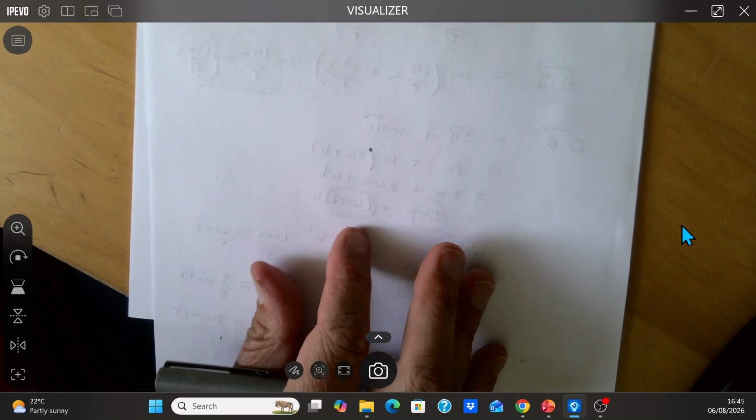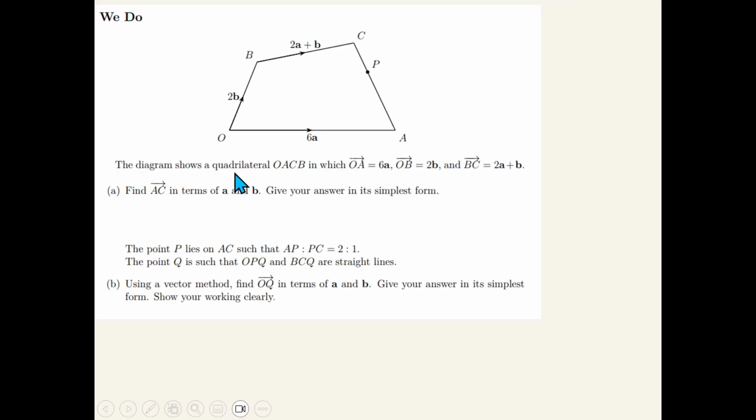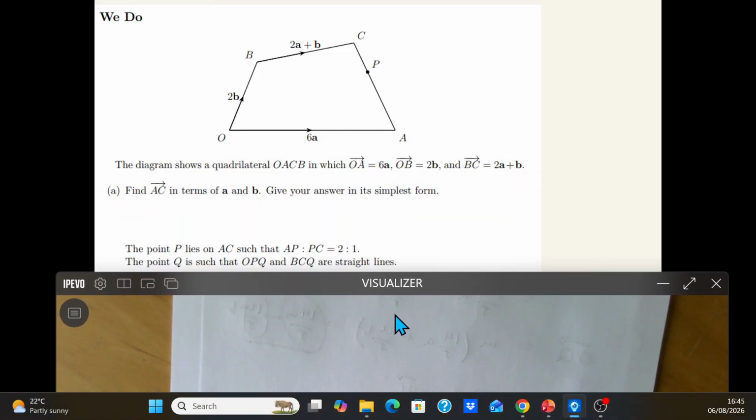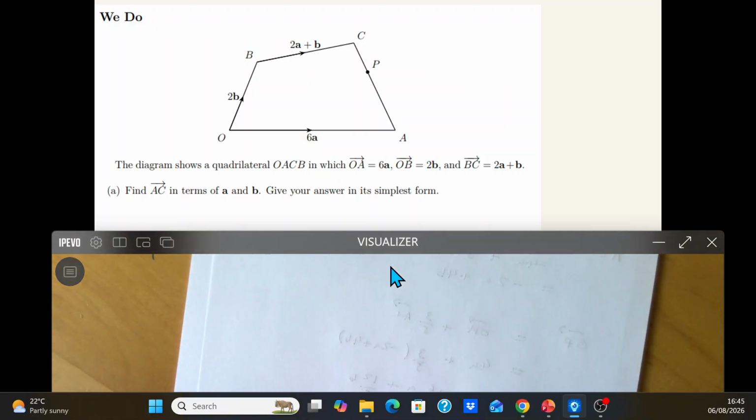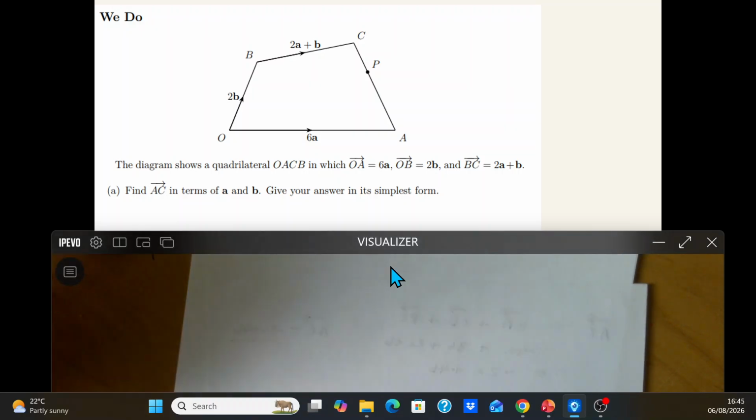So turning over, let's have a look at my similar question. Very similar, set out the same. Right, so let's do part A. I don't think I need to talk you through part A. I'm just going to write it down because I think that's quite straightforward.